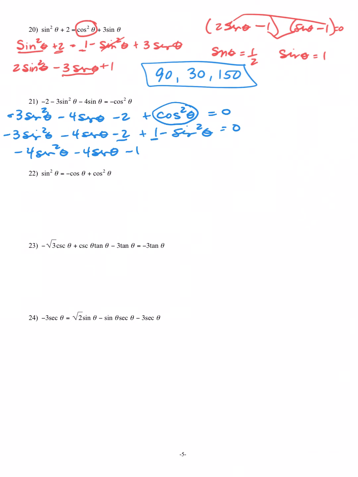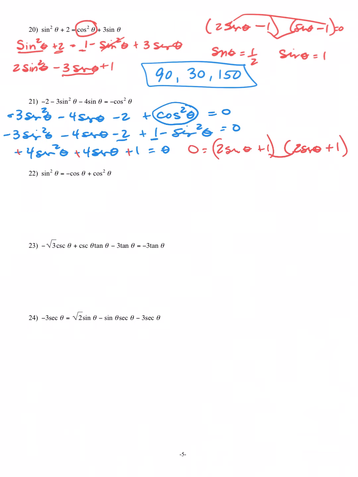But I don't like when the sine squared is negative. So I'm going to change all of these signs. You have to change every one, otherwise you're not going to do it right, okay? So now we're going to have 2 sine of theta when you factor, and 2 sine of theta, and plus 1 and plus 1 equals 0.